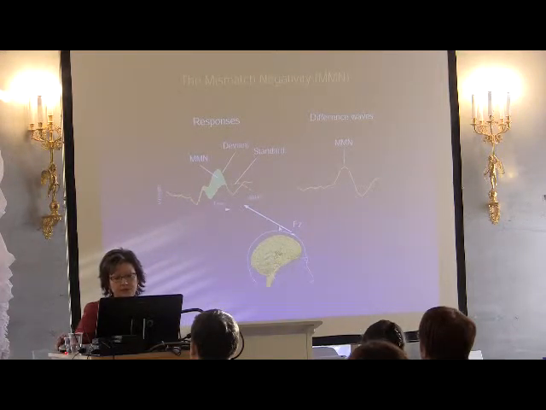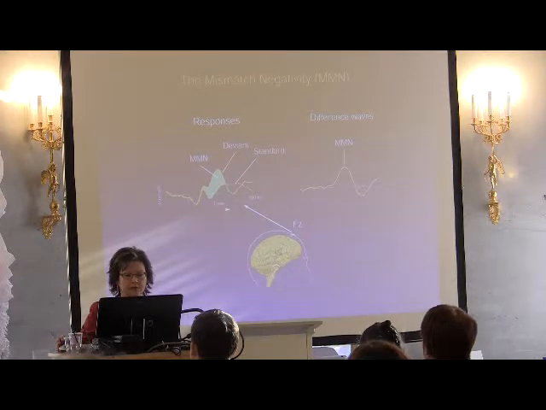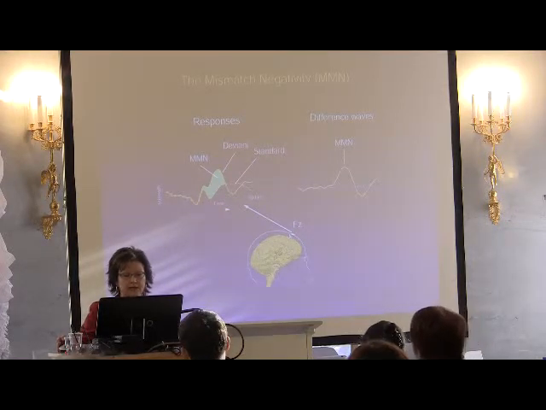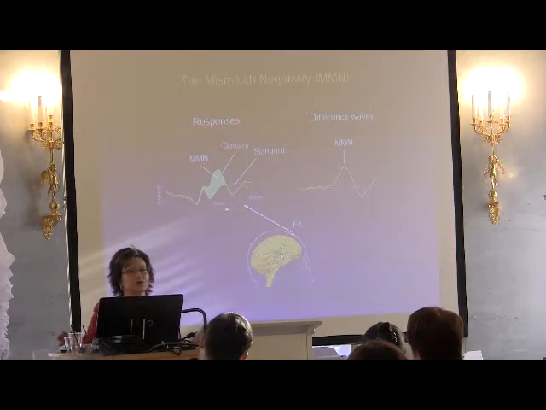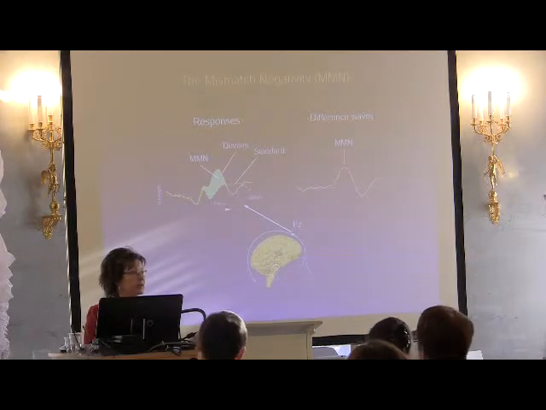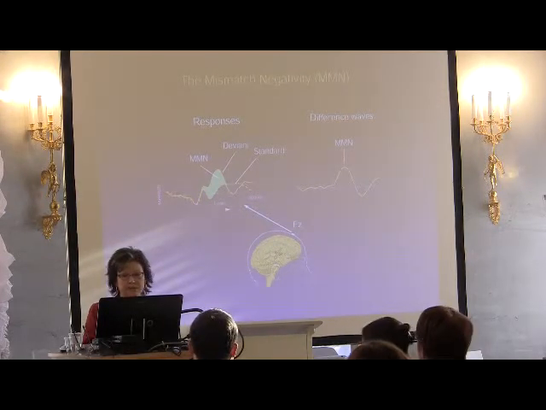And this response is usually recorded with EEG, with potentials over the scalp. Then it's largest in adults over frontocentral areas, and it's generated in the temporal lobes, and additionally there are generators in the frontal lobes, in the parietal areas, and even in subcortical areas.